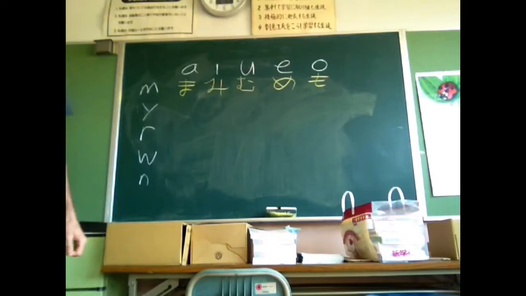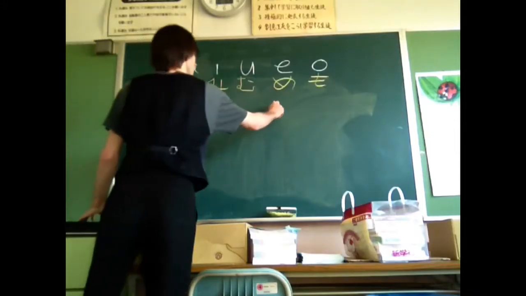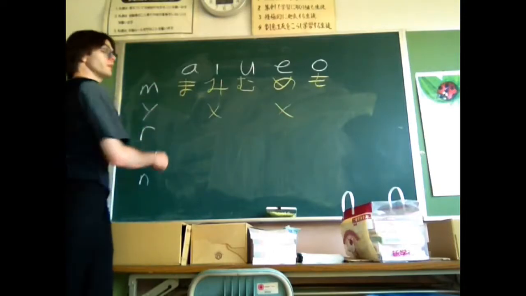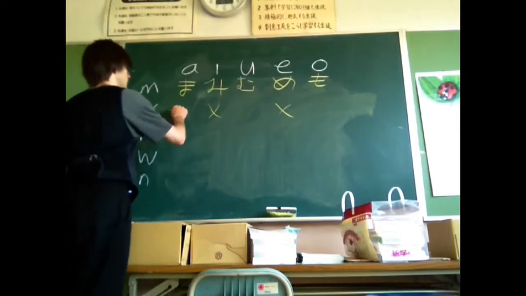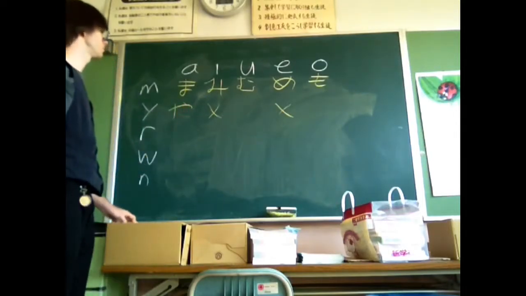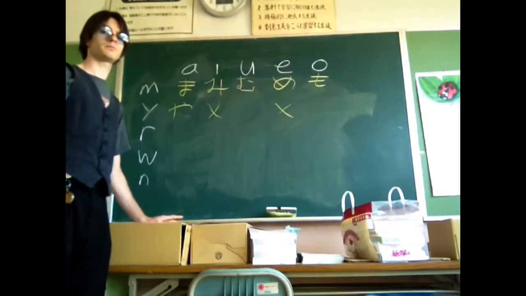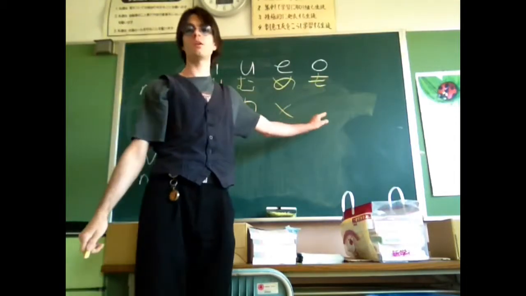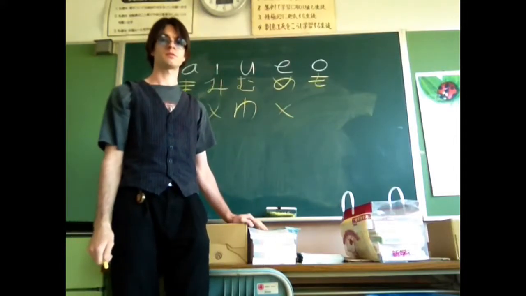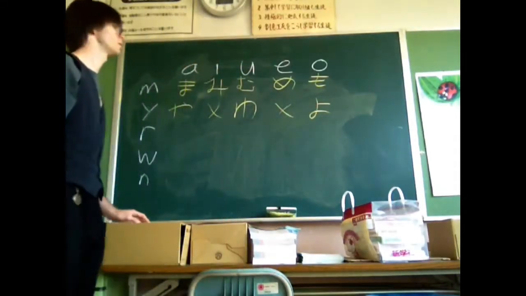Alright, I hope you guys are getting 5 out of 5 so far. Let's move on to the next one with ya. Of course, we know that yi and ye don't exist. So, ya. Yu. Yo. Nicely done.